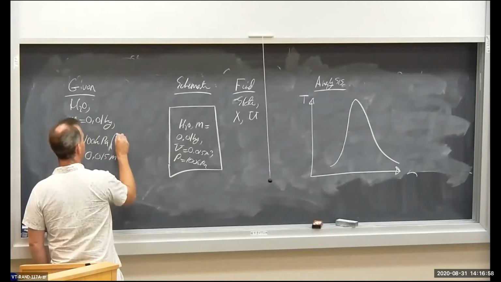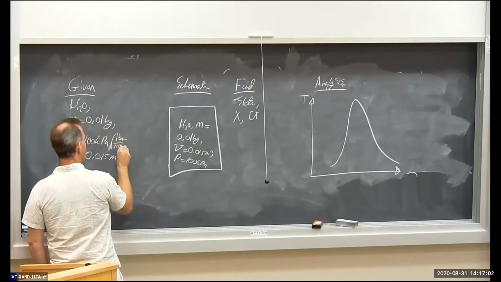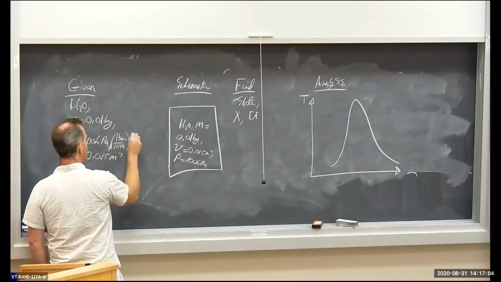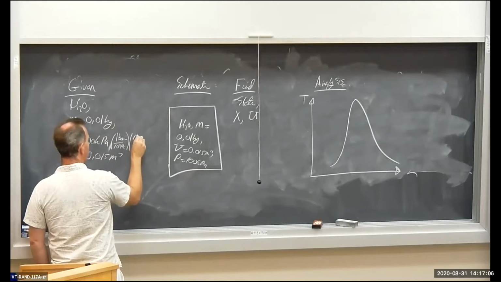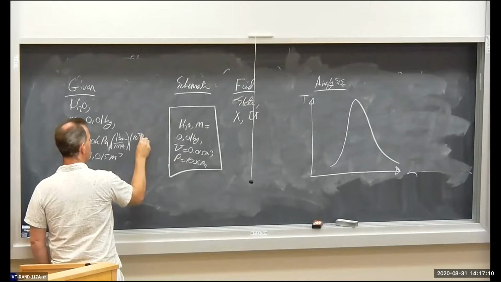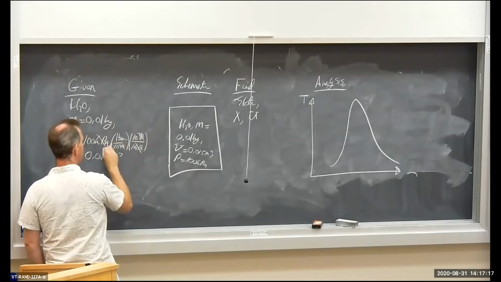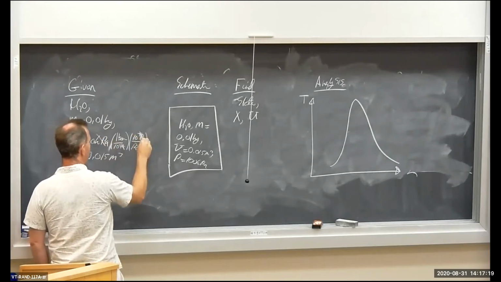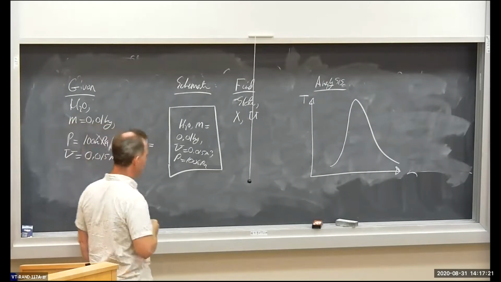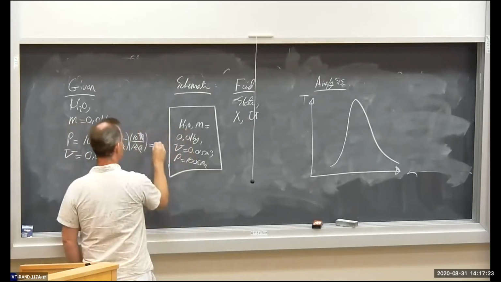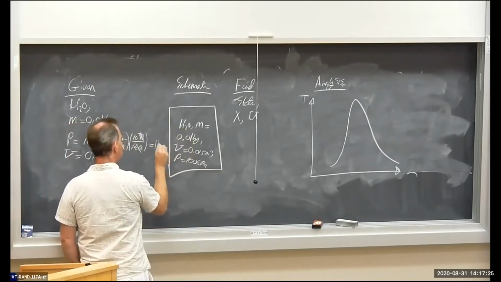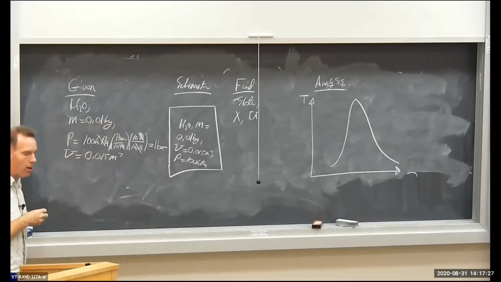So 1 bar is 10 to the 5th pascals, and there are 10 to the 3 pascals per kPa. kPa's cancel out, pascals cancel out, and I get 1 bar. Okay, so I'm at 1 bar.